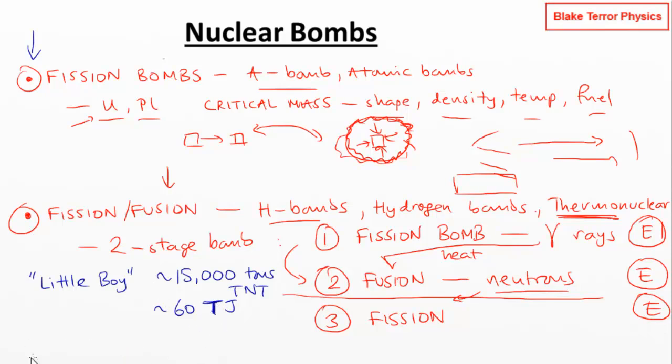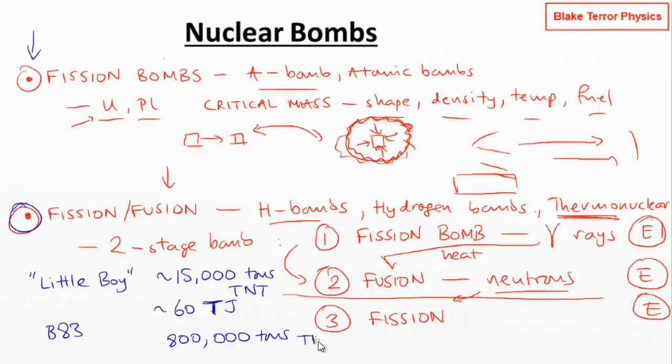But then you take the 2-stage ones that are active, although thankfully never used, for the United States of America at the moment. So the B-83 thermonuclear bombs. Well, compared to the 15,000 tons, you've now got 800,000 tons of TNT equivalent.